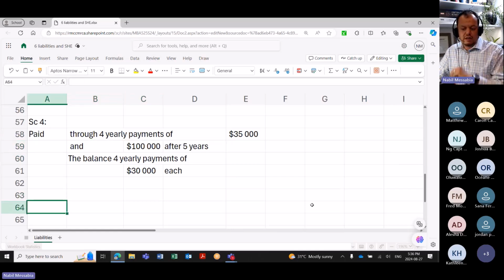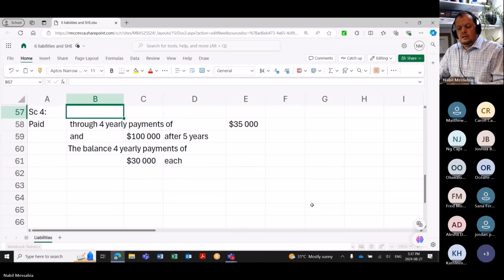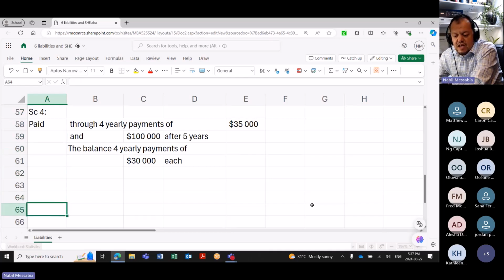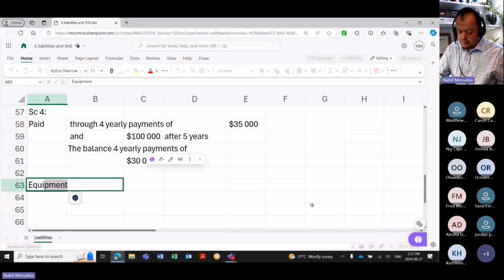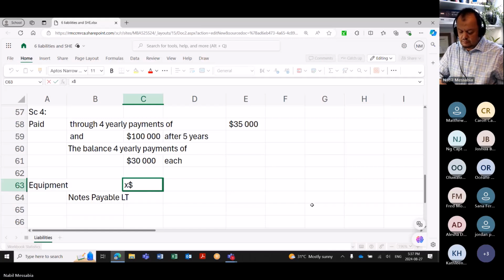So here, how to calculate the present value, and we maintain the discount rate as it is. So what do you suggest? What do you suggest to make this calculation? I don't have cash. I only have debit equipment and credit, notes payable, long term, on an X amount, which is the present value of all of this.